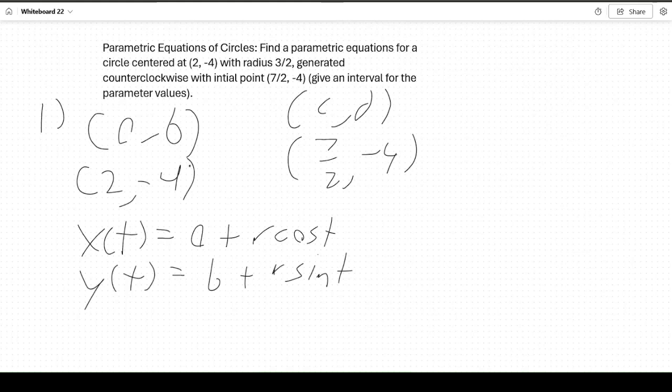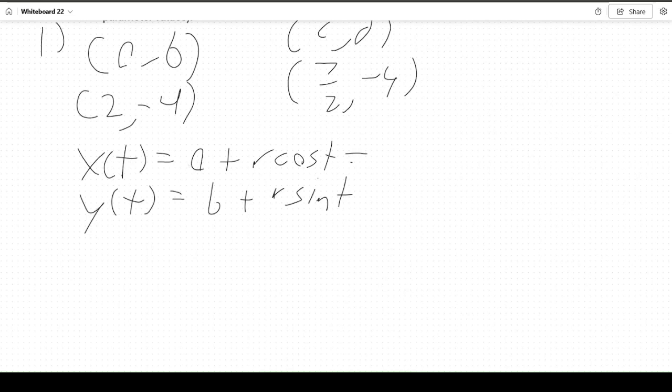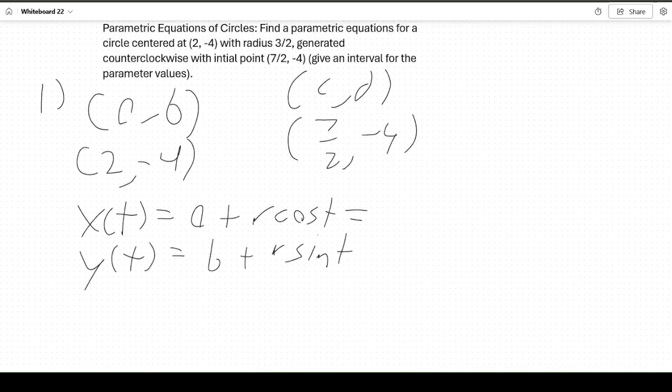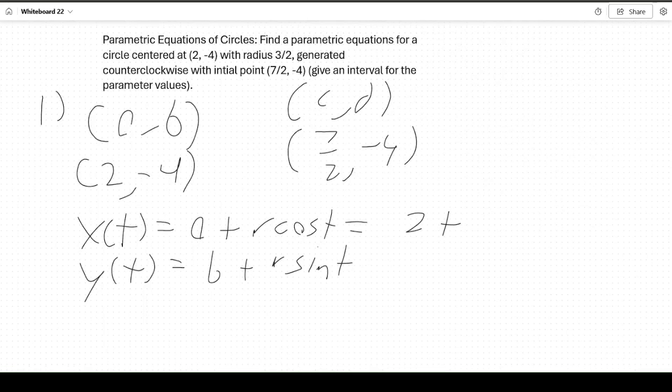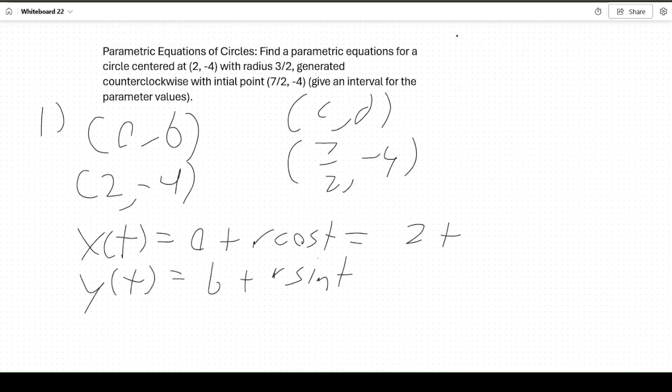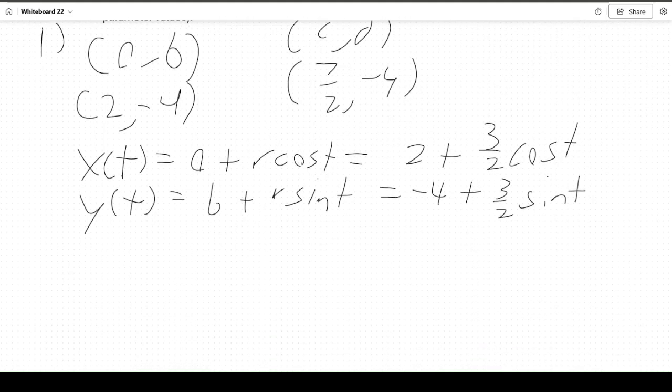So this is going to be 2 plus r, and r is the radius, and they give us the radius right here. So x(t) equals 2 plus 3 over 2 cosine t, and this would be b, so y(t) equals -4 plus 3 over 2 sine t. So we're done with that, but we've got to do our next step.